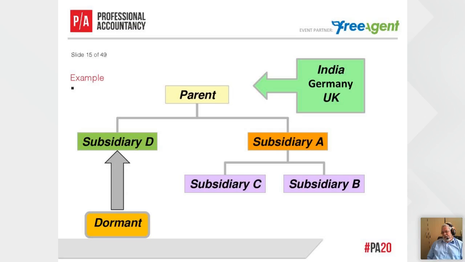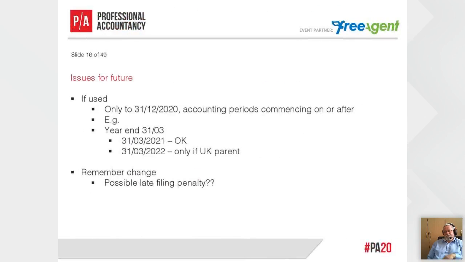However, if the parent is in Germany, then up until the 31st December 2020, so only affecting accounting periods commencing on or after that date, that exemption would no longer be available and subsidiary D would have to prepare financial statements. But as I've already indicated, I wouldn't see that as being onerous at all. Of course, if the parent is in India, then that is not part of the EEA and the exemption would never have been available in the first place.